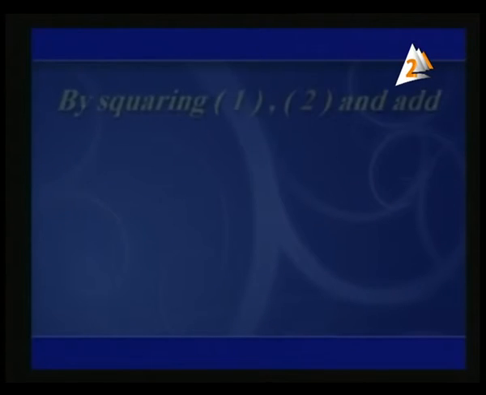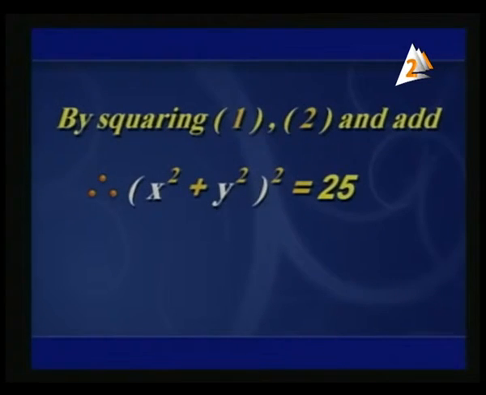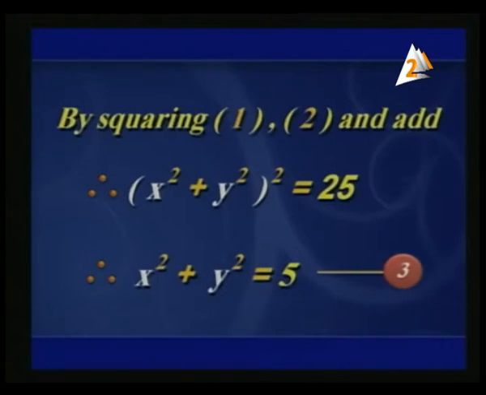And by squaring 1 and 2 and adding, (x squared plus y squared) all squared equals 25. Therefore, x squared plus y squared equals 5. And this is equation number 3.